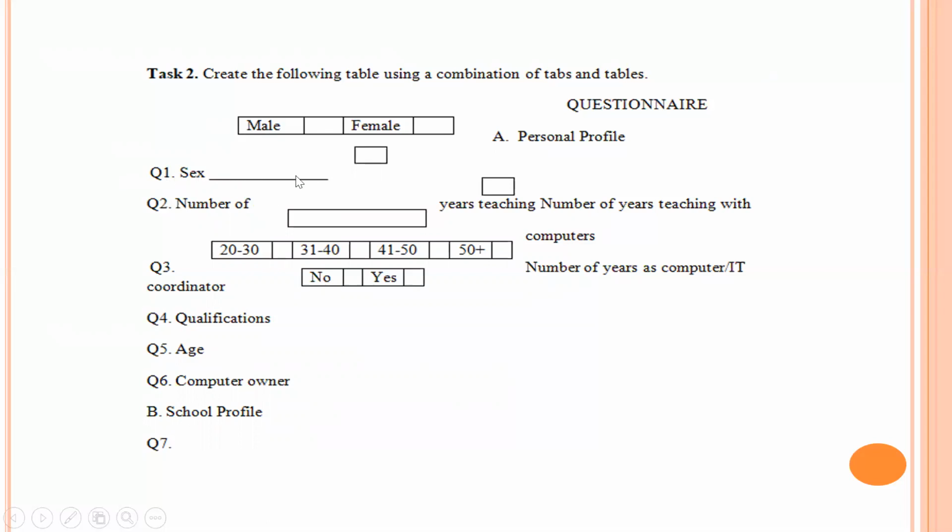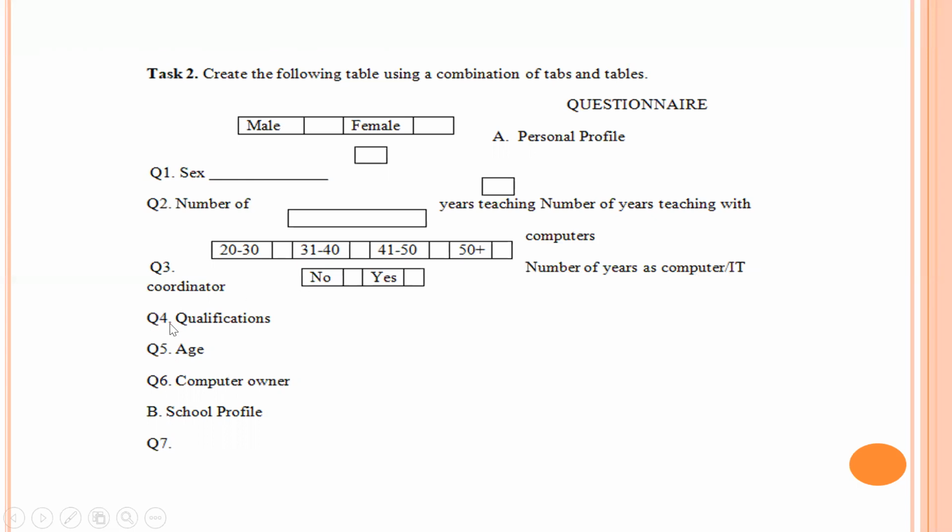Q1, sex, and Q2, number of years teaching. You must find here the words number of years teaching with numbers, computers. Q3, number of years of computer, IT coordinator. You must choose here your version.